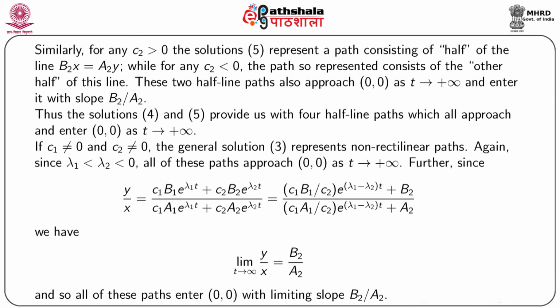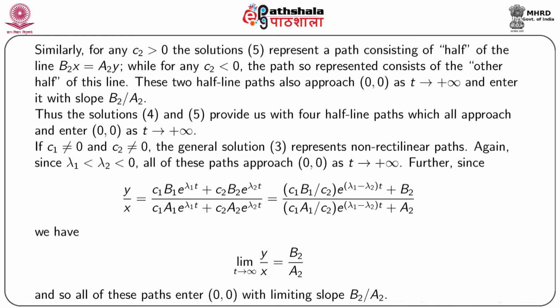Then the general solution 3 represents non-rectilinear paths. We have already assumed that lambda 1 is less than lambda 2 is less than 0, and all these paths will approach (0, 0) as t tends to plus infinity.